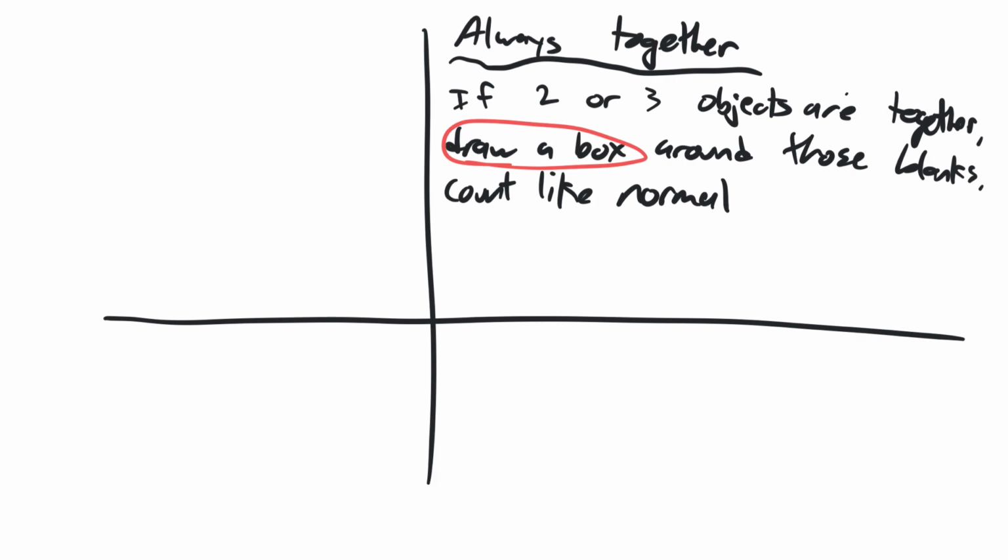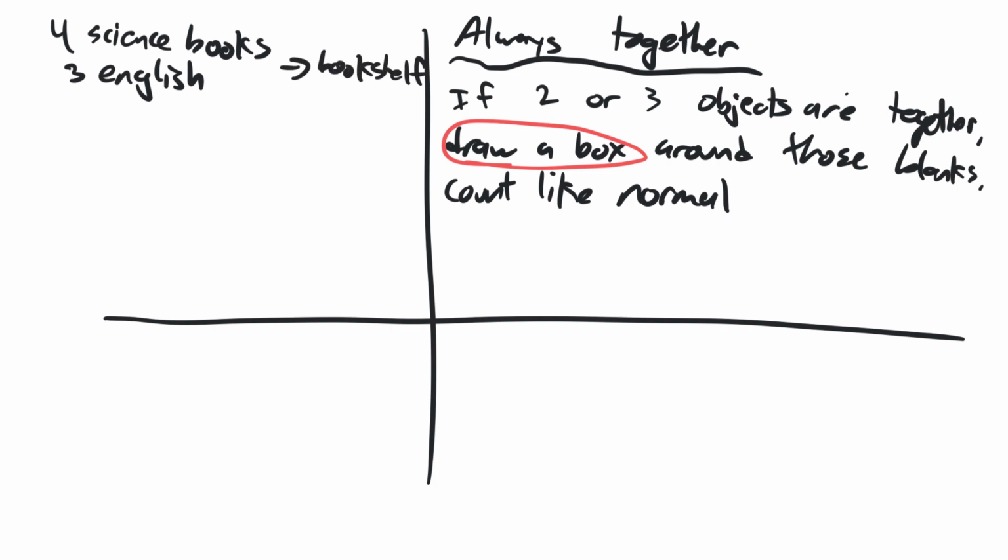So let me give you an interesting example. Let's say we have 4 science books and 3 English books, and we're going to arrange them on a bookshelf. Of course, they're all different: 4 different science books and 3 different English books.